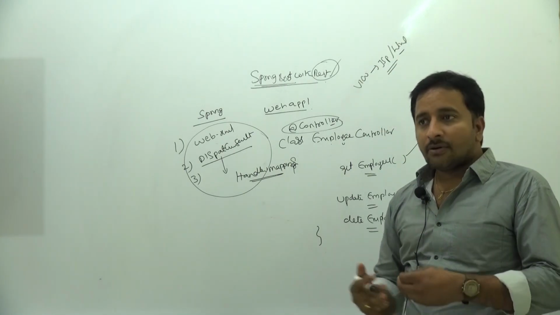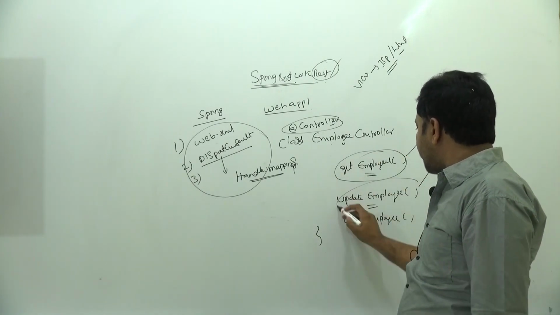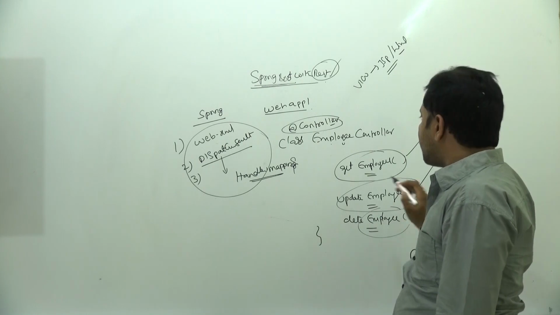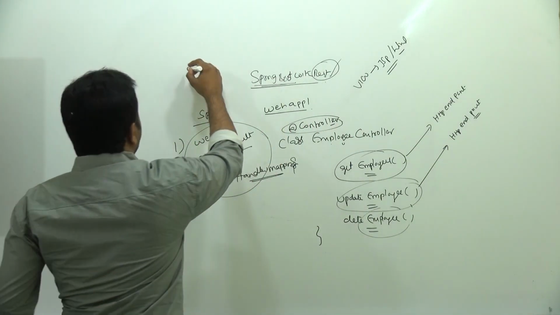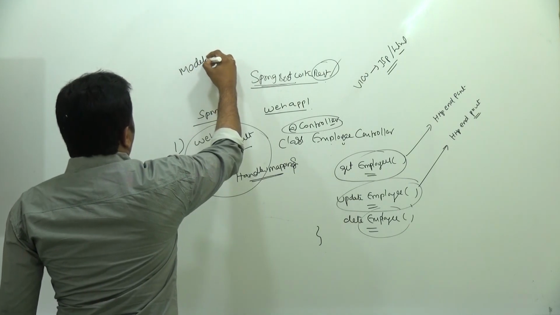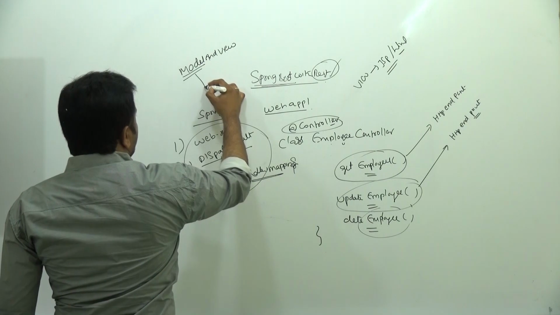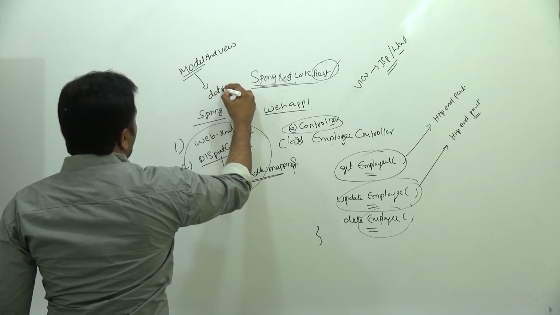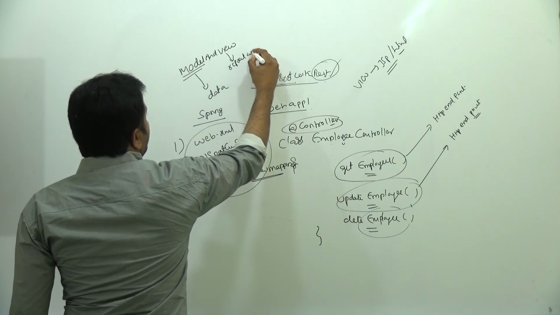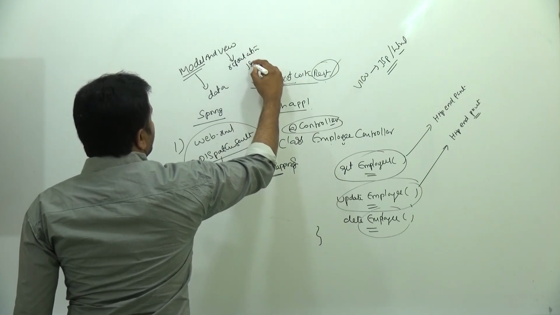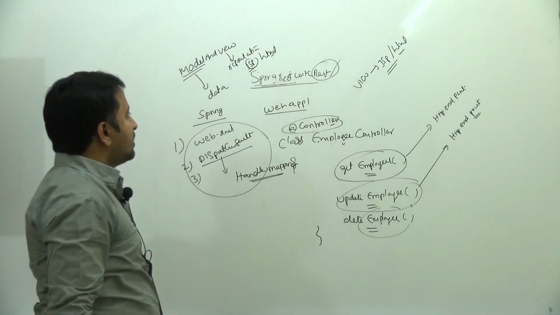That means any function, for example get employee, update employee or delete employee, generally returns one object. What object does it return? A model and view object. Model means data, view means the representation, for example a JSP or HTML representation.